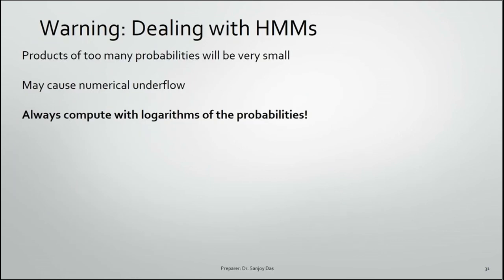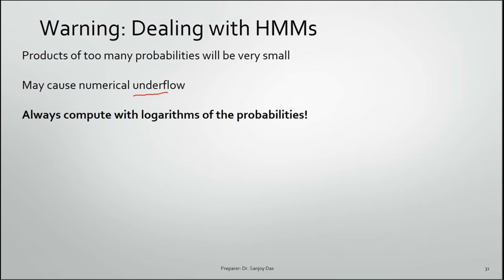One warning when dealing with hidden Markov models: you will be dealing with a product of too many probabilities, and it may cause numerical underflow, so this is always routinely handled in HMM-based algorithms using log probabilities.